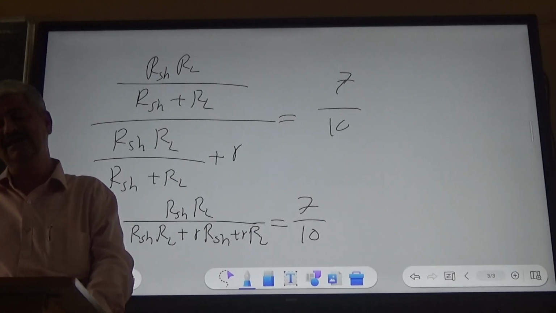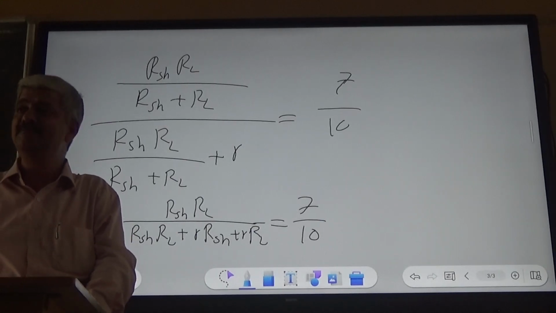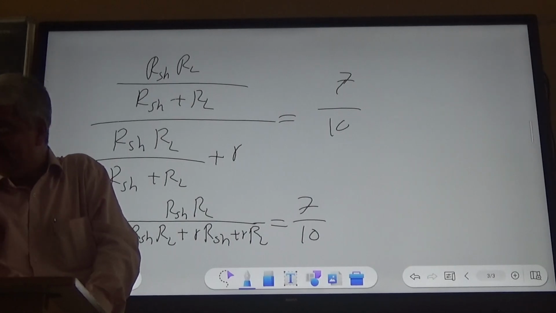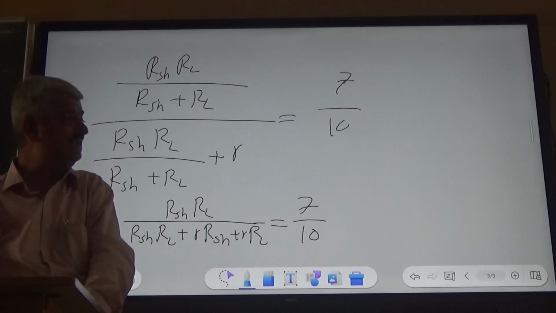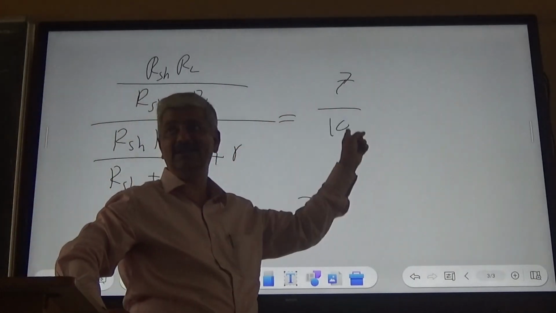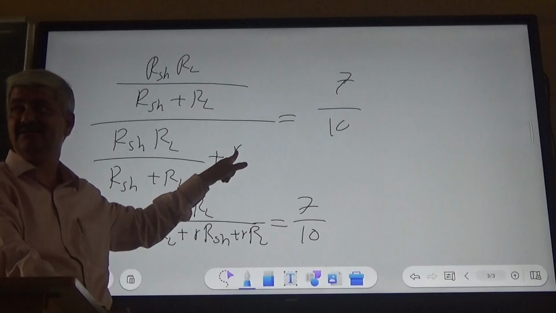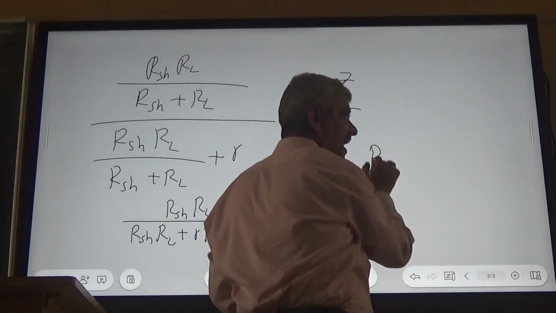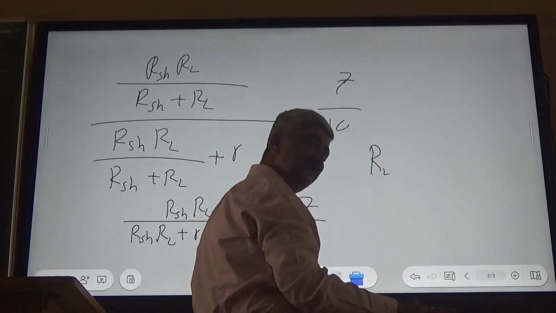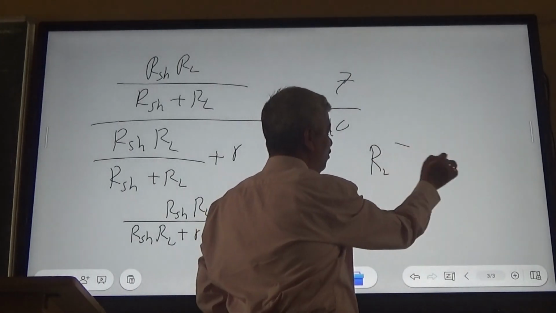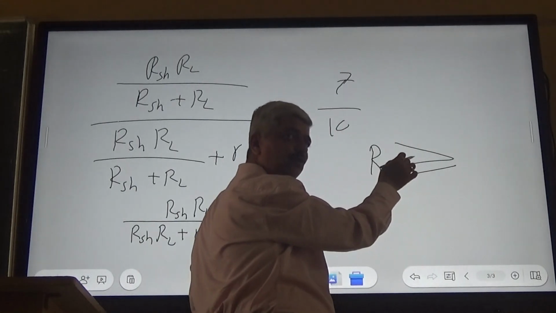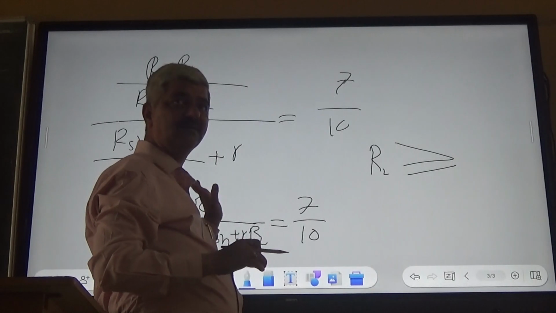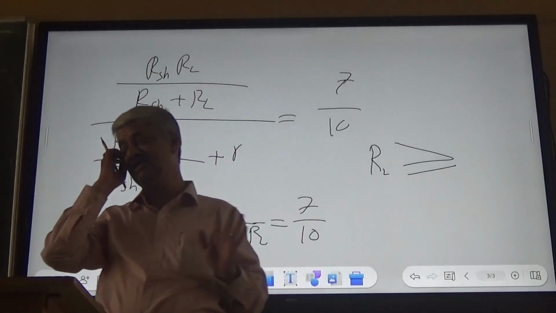That is, we cannot take load above a certain value. RL cannot be brought below a certain value. What is the specific value? That depends upon these two values, and so you can find out: RL has to be always more than or equal to something which is related to 7, 10 and R. Is it okay? This is shunt regulation.